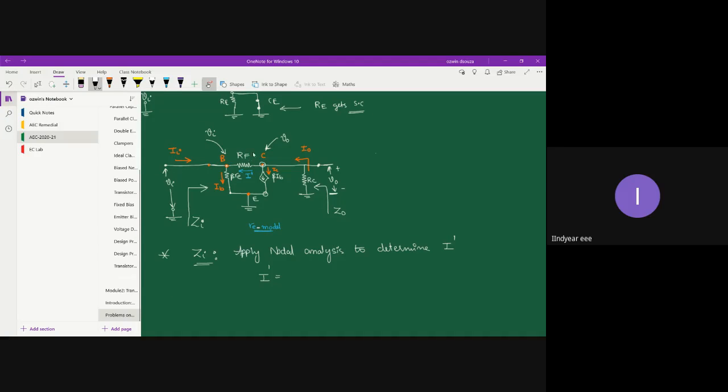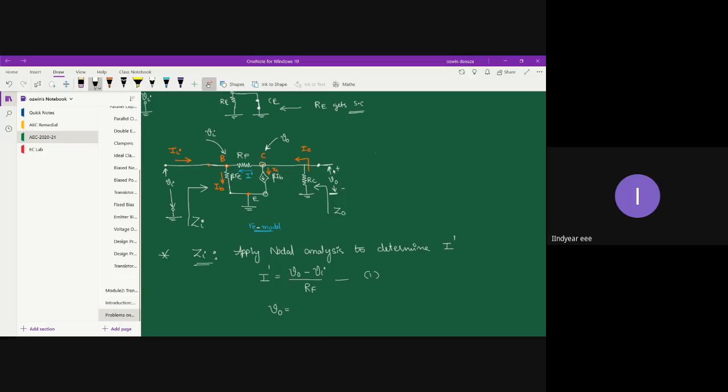Across RF, you have two potentials coming in. At the collector terminal, you have V naught, and at the base terminal, you have Vi. So the difference in potential is V naught minus Vi, divided by the resistance RF. Let's take it as equation 1. Also, you can write V naught as follows.